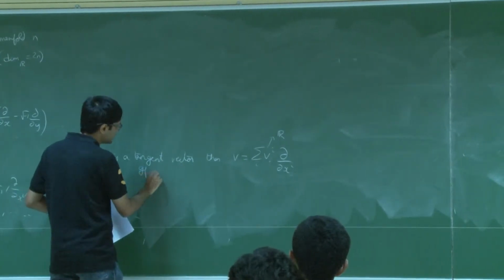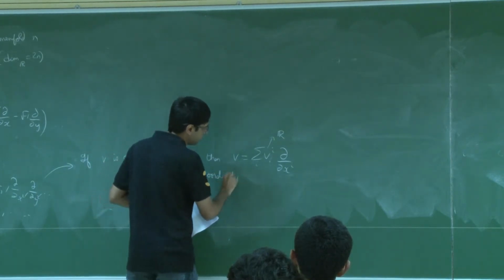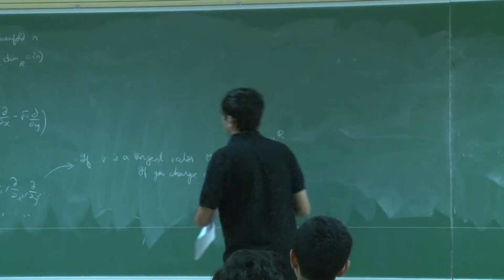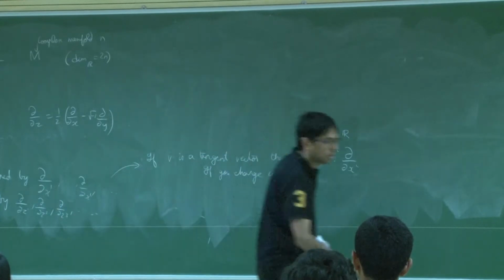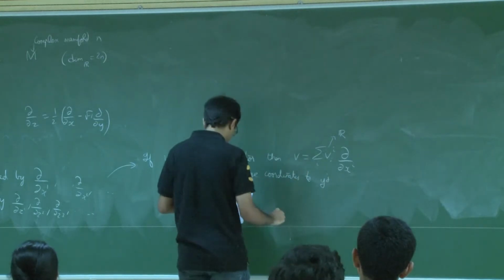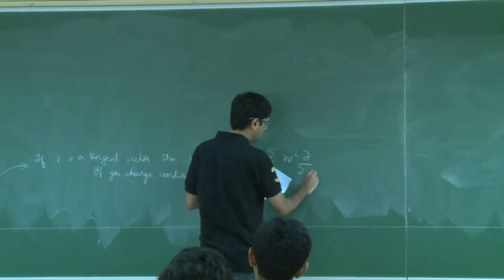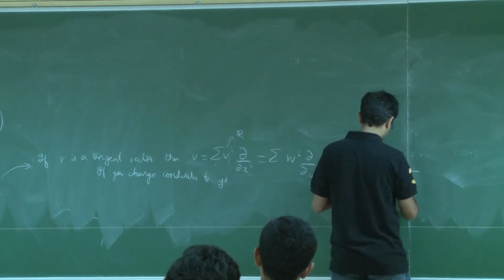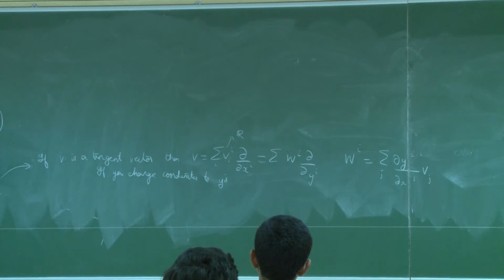Now if you change coordinates to, let's say, y^j, then this is some W^i ∂/∂y^i, and there is a transformation rule: W^i = (∂y^i/∂x^j) V^j.